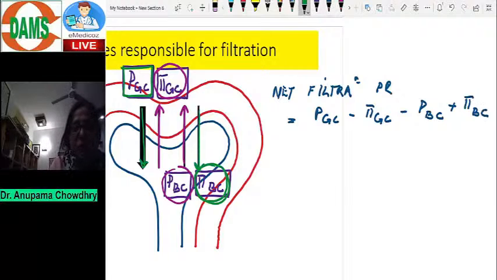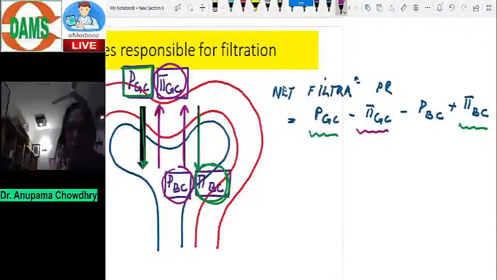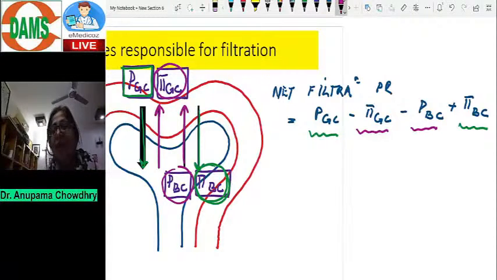The 2 forces which are favoring filtration, PGC and pi BC, are positive, and the ones which are opposing filtration will be negative. This is going to be your net filtration pressure: PGC minus pi GC minus PBC plus pi BC.